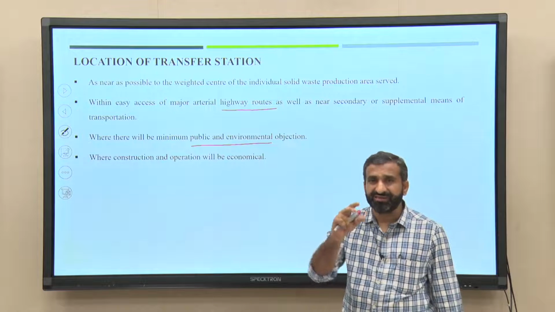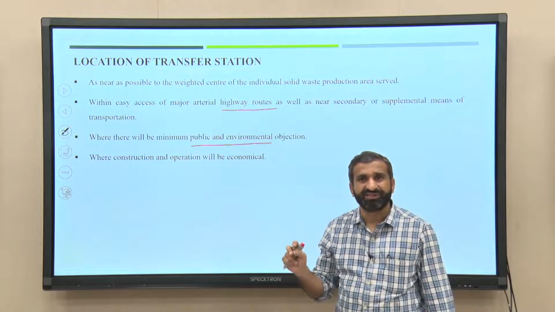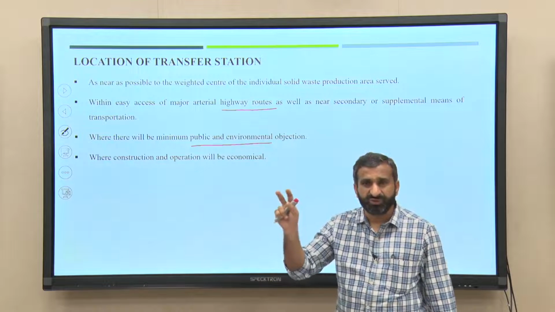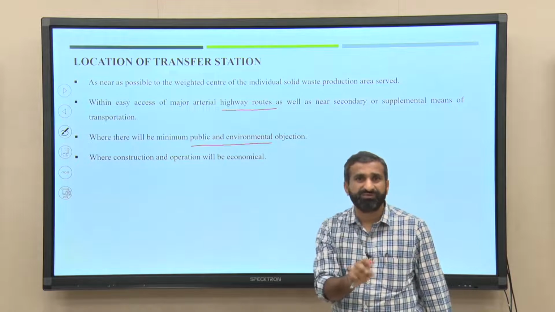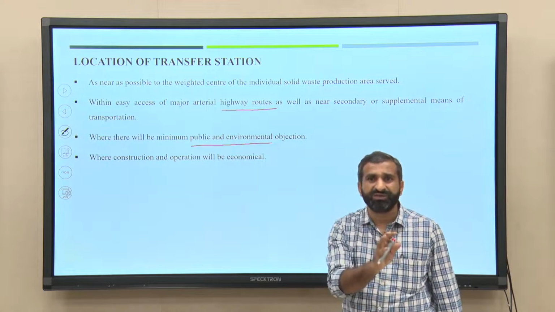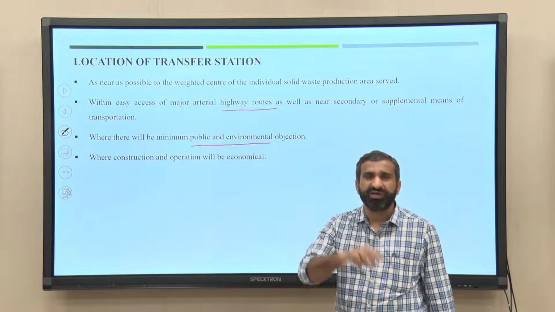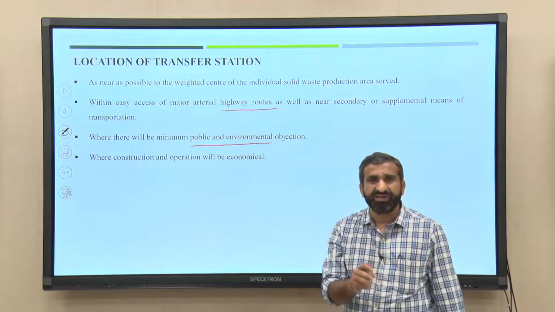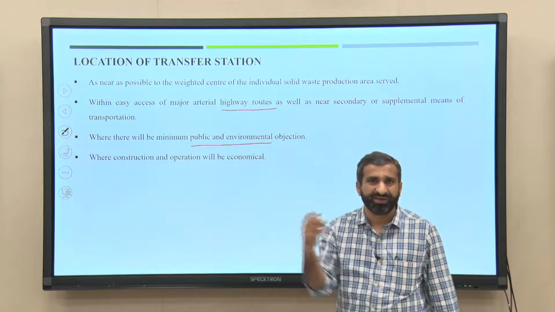Because we are already segregating the waste at the household or commercial area, the wet waste will go to the direct load. So, there will not be any storage of the wet waste, so there will not be any odor issue or biological degradation of that kind of waste. Only the dry waste will go to the storage load facility.